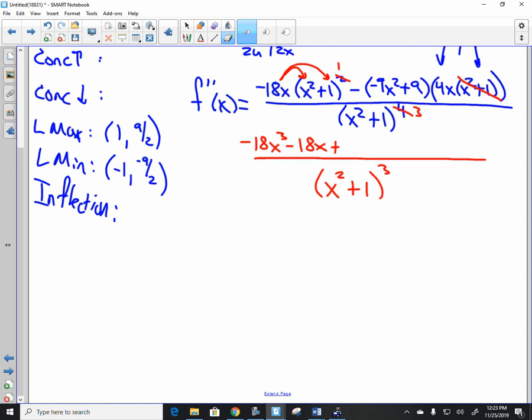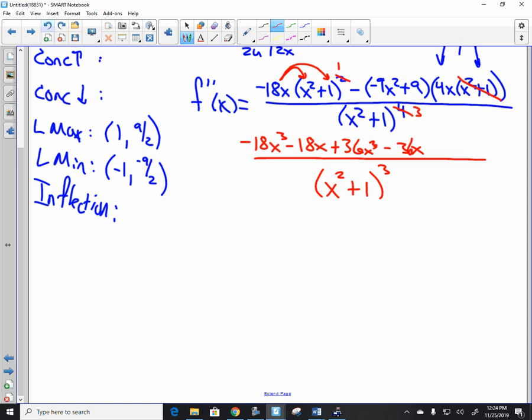Yep. 36x squared, x cubed, plus, minus, wow. Oh, thank you. Minus 36x.